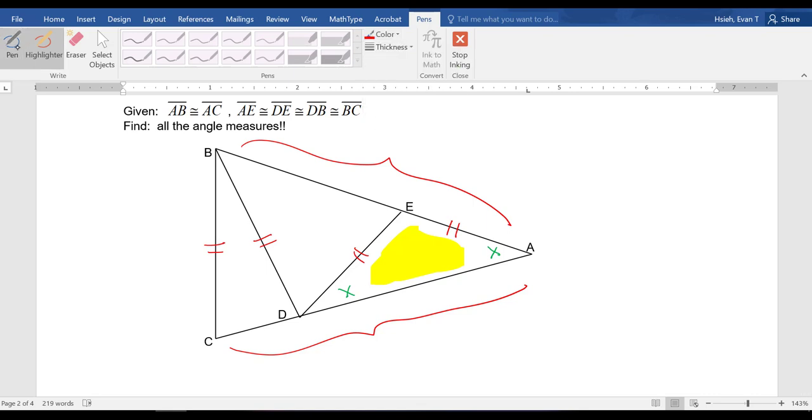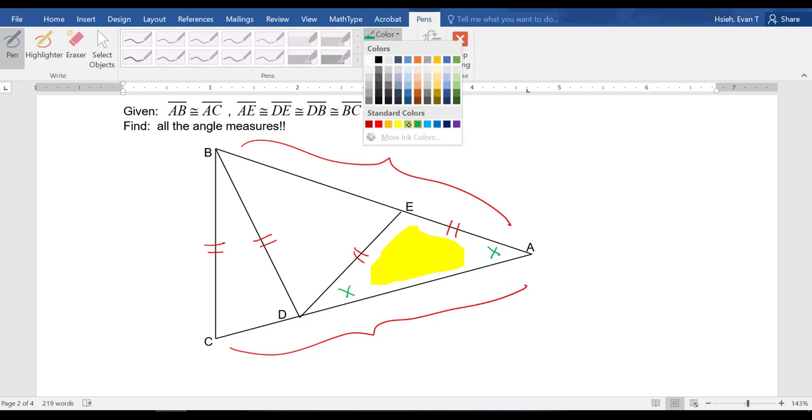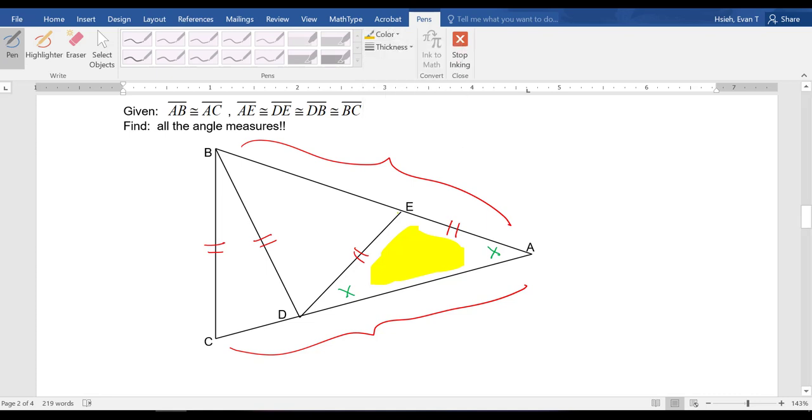Now, here's the tricky part. If I focus on this triangle, the exterior angle for this triangle is right over here. The value of that exterior angle is equal to the sum of the two remote interior angles, which are the two x's. So that means that this angle has to be 2x.